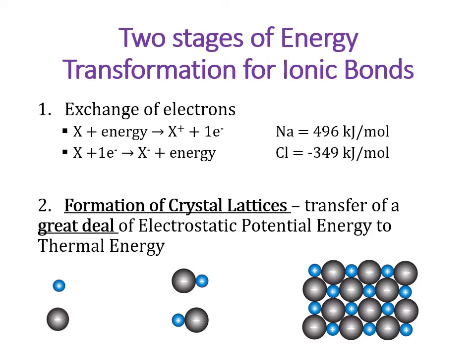So let's take a quick step back and really look at the energetics of ionic bond formation. The first involves the exchange of electrons. So if we had Na as our X in the first bullet, and it required energy to pull off that electron and make the Na plus, it would require 496 kilojoules of energy per mole of Na.